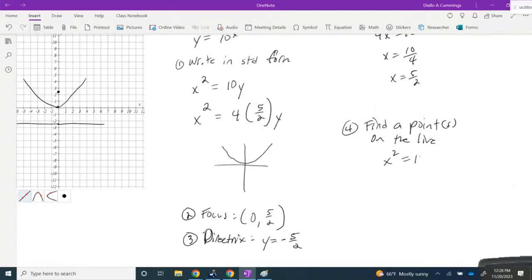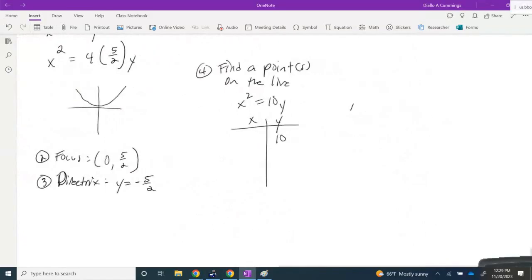So we have x squared is equal to 10y. If I do an x and y chart, you can either substitute in a number for x or substitute a number for y. I'm going to substitute in a number for y, and I want to make sure the number I substitute in, I'm going to be able to take the square root. So I'm going to say that y is 10.